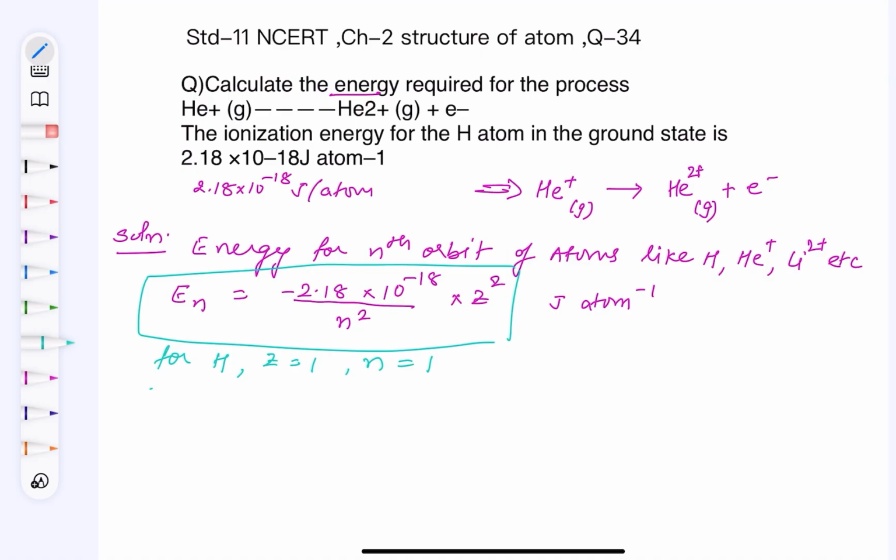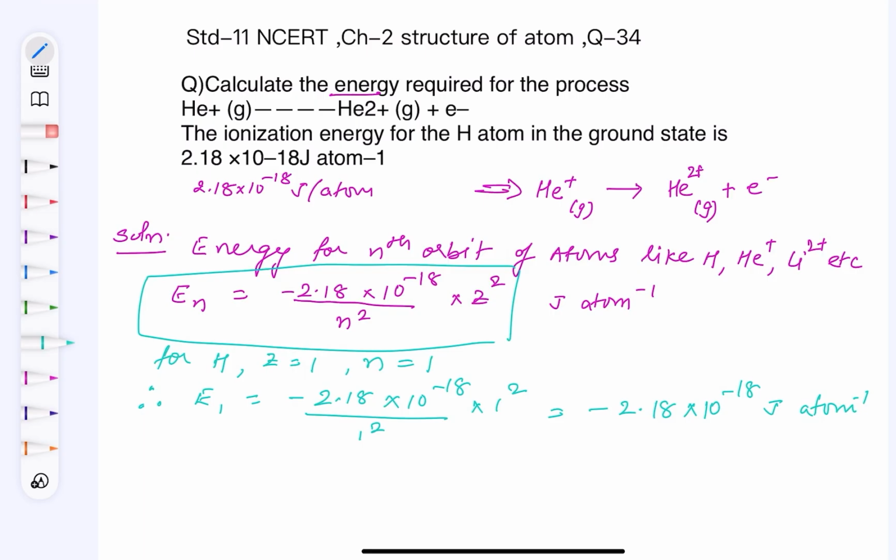Therefore your energy E1, that is the energy in the first orbit, will be minus 2.18 into 10 to the power of minus 18 divided by 1 square into 1 square. So this gives the energy as minus 2.18 into 10 to the power of minus 18 joules per atom. This is the energy of the first level.